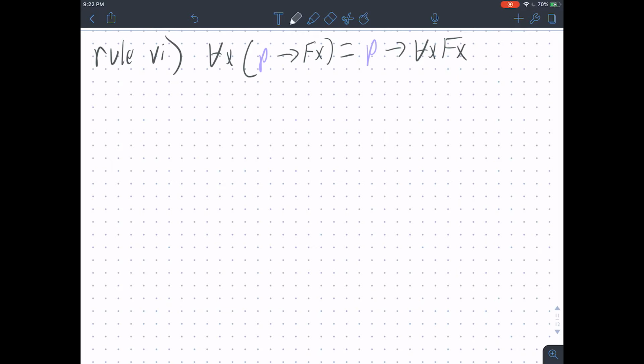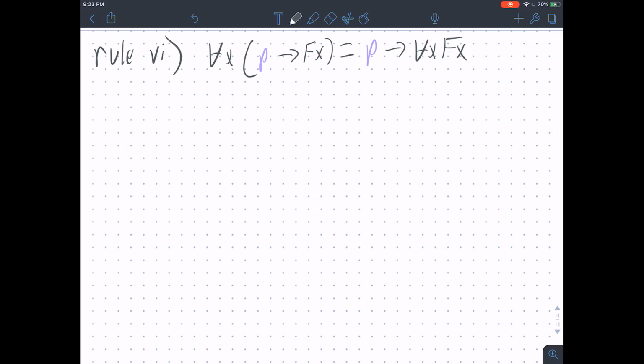It's pretty much the same thing as the previous rule, but for the universal quantifier. So if you have a universal quantifier governing a conditional where the antecedent doesn't have any occurrences of the variable that is bound by that quantifier, that's equivalent to a conditional where the antecedent is just the stuff with none of the bound variables of that quantifier, and the consequent is that quantifier restricted to its scope. Okay.